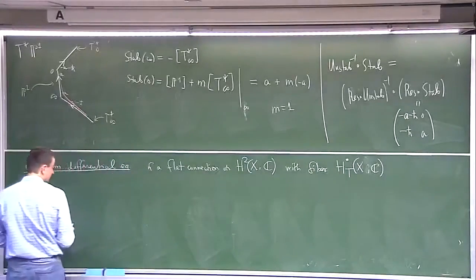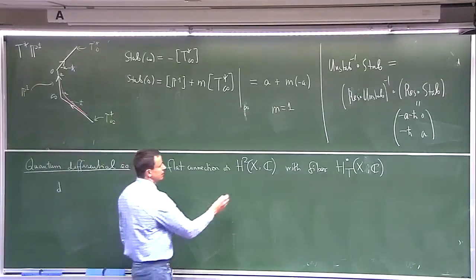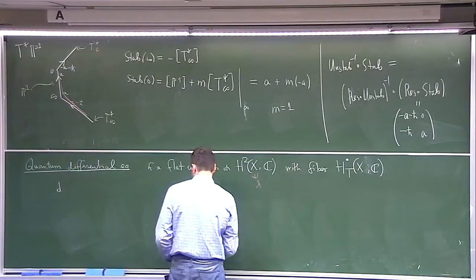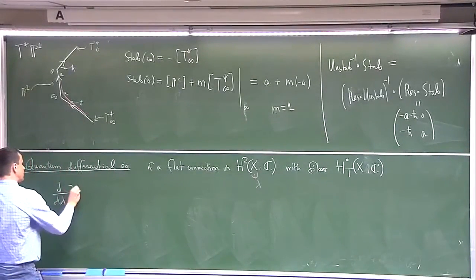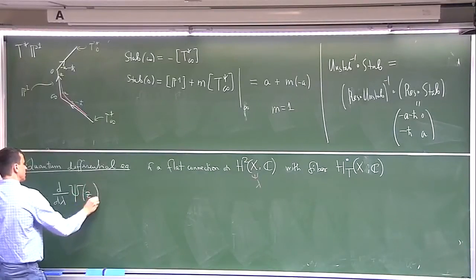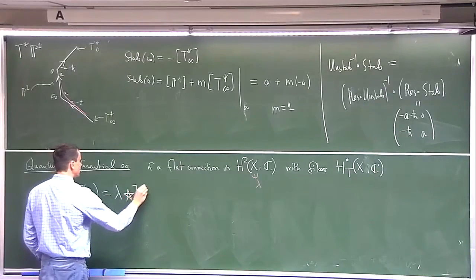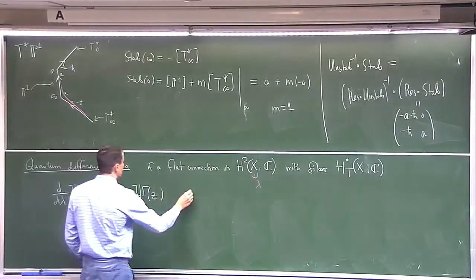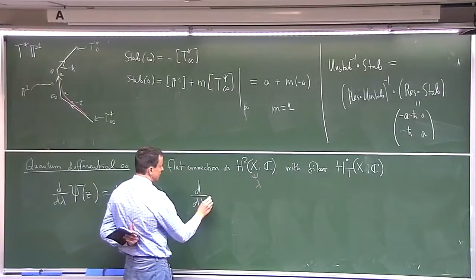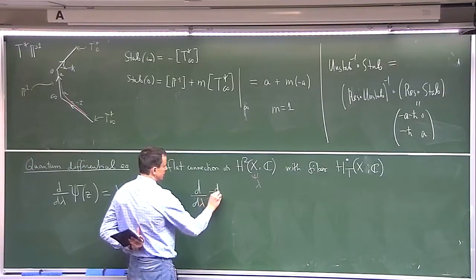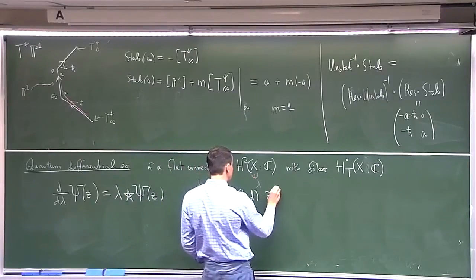And its flat sections look like this. So if I take one element over here, and d by d lambda of some unknown function psi of z, this is the quantum product, where d by d lambda of z to the d means you pair lambda with d, take z to the d.